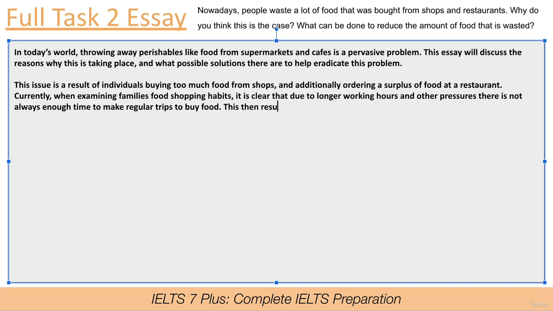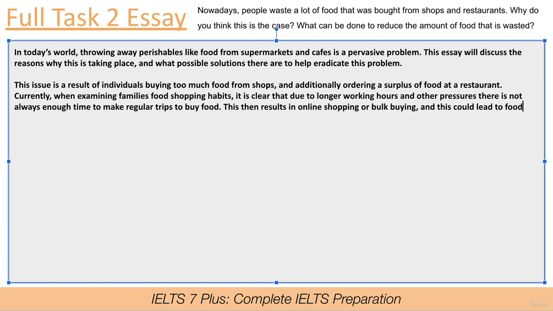So this then results in maybe online shopping or bulk buying. That's a good phrase. That means buying lots and lots at one time. And this could lead to food going off, or even online shopping or bulk buying.